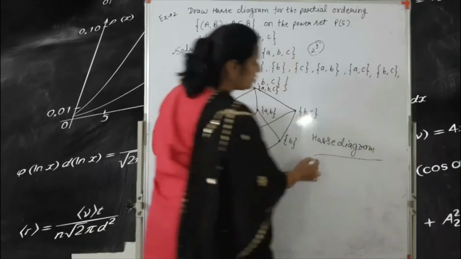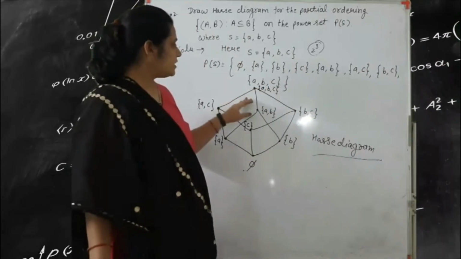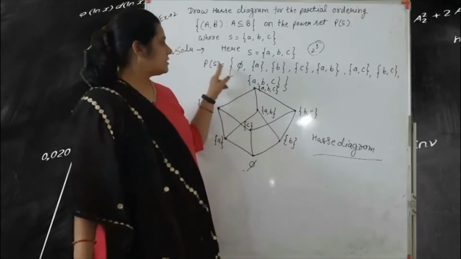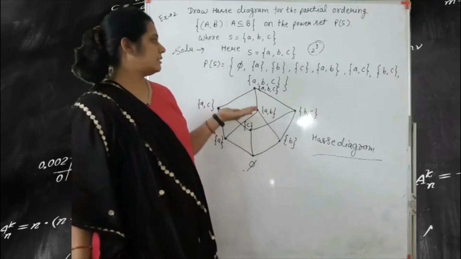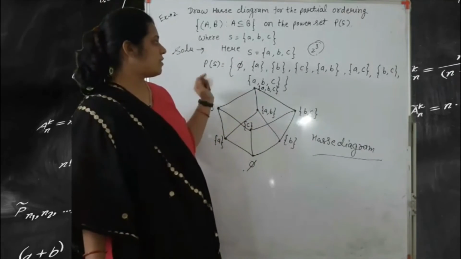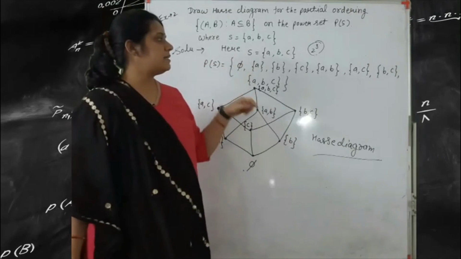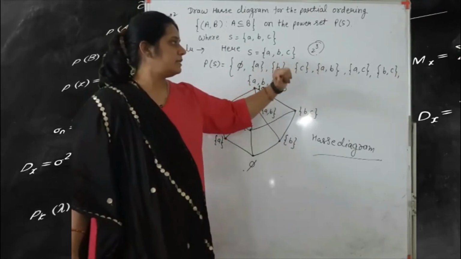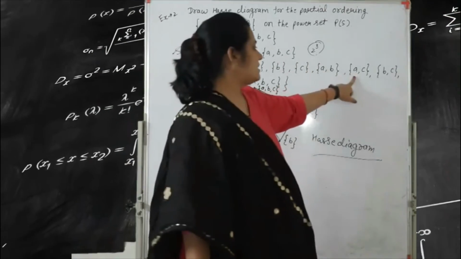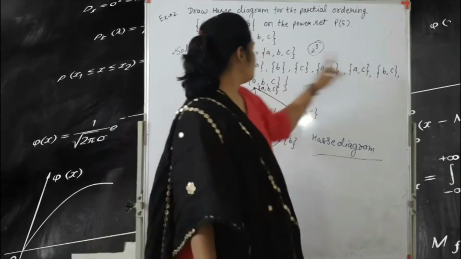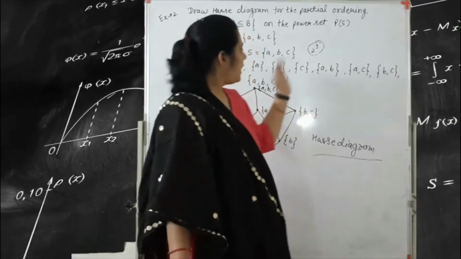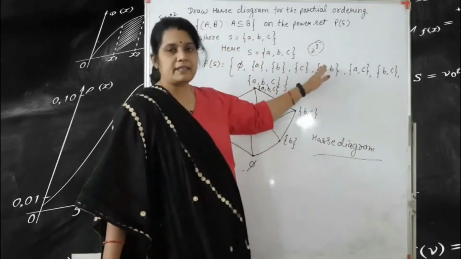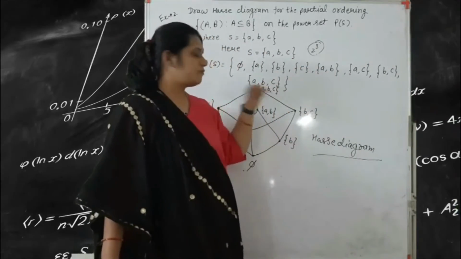And according to this Hasse diagram, we write here the relation set. So relation set, that means what? Relation set is ϕ subset of A, B, C, A subset AB, B subset AB, C subset BC, B subset BC, and all the remaining sets subset of ABC.